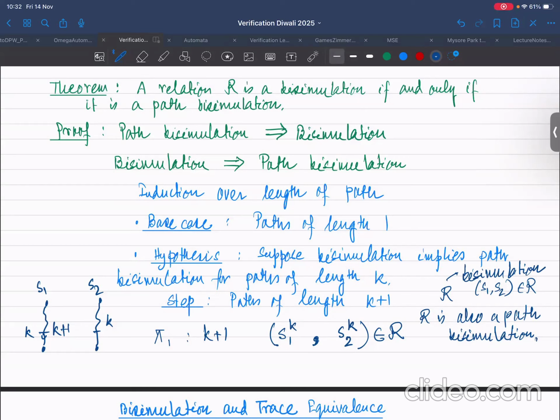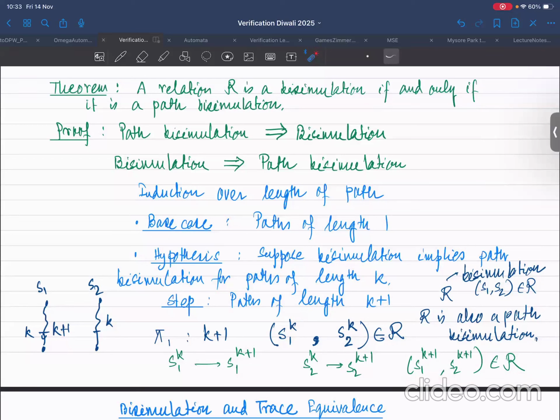And from the induction hypothesis, we have paths of length k, so the pair S1k comma S2k belongs to R. Since this is a bisimulation relation, from S1k I can have a successor S1k plus 1, and from S2k I will have a successor of the form S2k plus 1, such that S1k plus 1, S2k plus 1 belong to R. Hence, I have this for paths of length k plus 1.